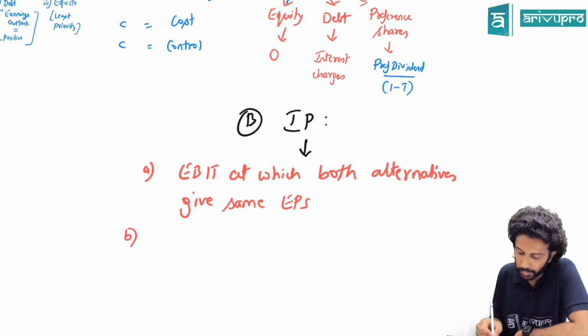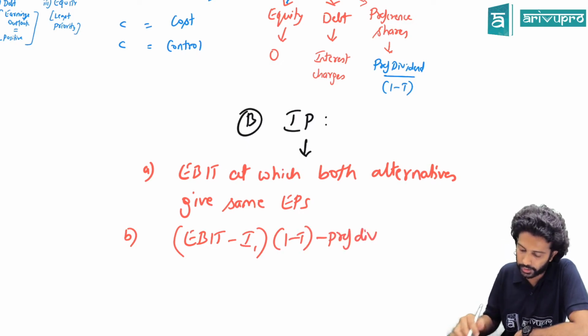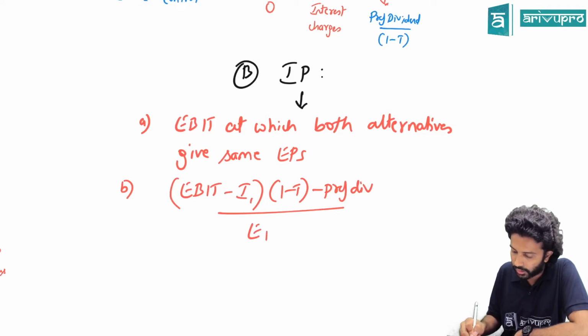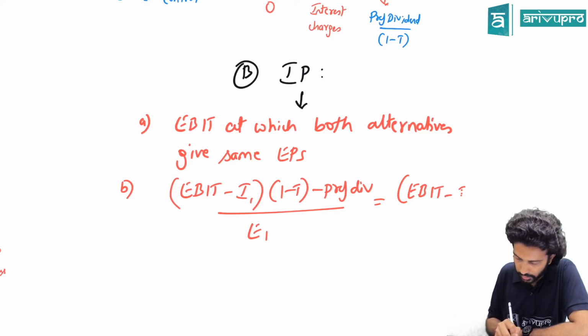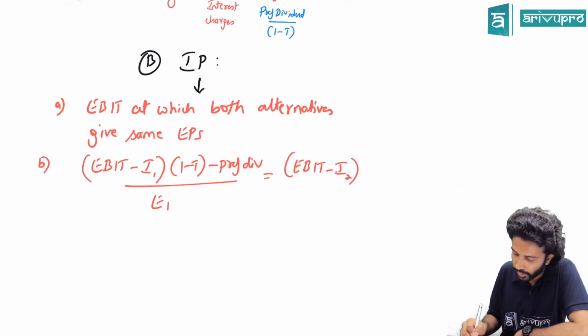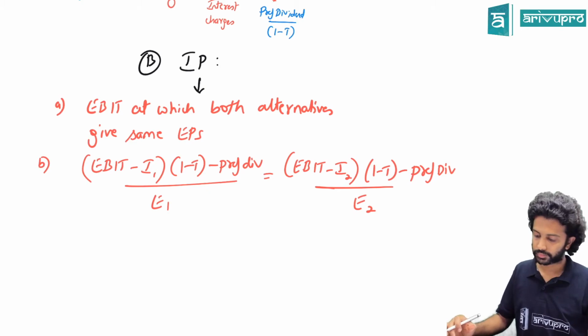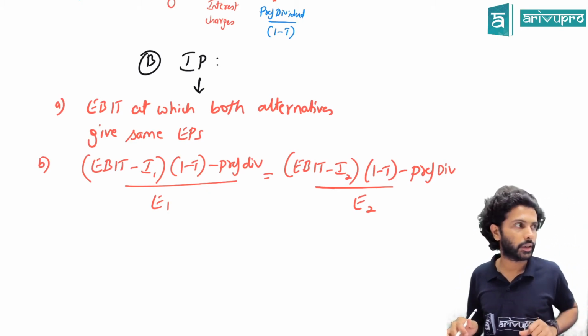And to find that IP, we have a small formula: EBIT minus I1 into 1 minus tax rate minus preference dividend, if any, divided by E1, which should be equal to EBIT minus I2 into 1 minus tax rate minus preference dividend, if any, divided by E2. That is your indifference point.